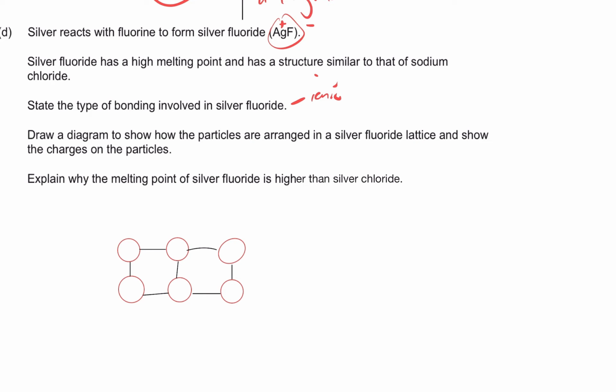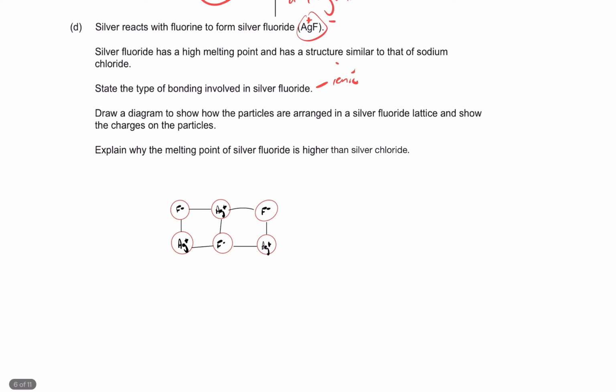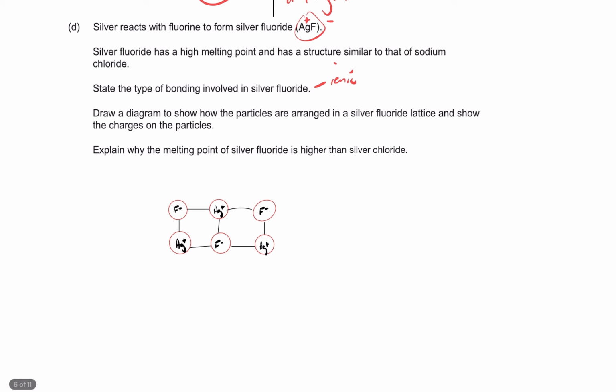And now we just need to show, again we've got Ag plus, F minus, Ag plus, F minus, Ag plus, F minus. We just need to show that they're alternating, right? We need to show they're alternating, we need to have our charges, etc. Show the charges.